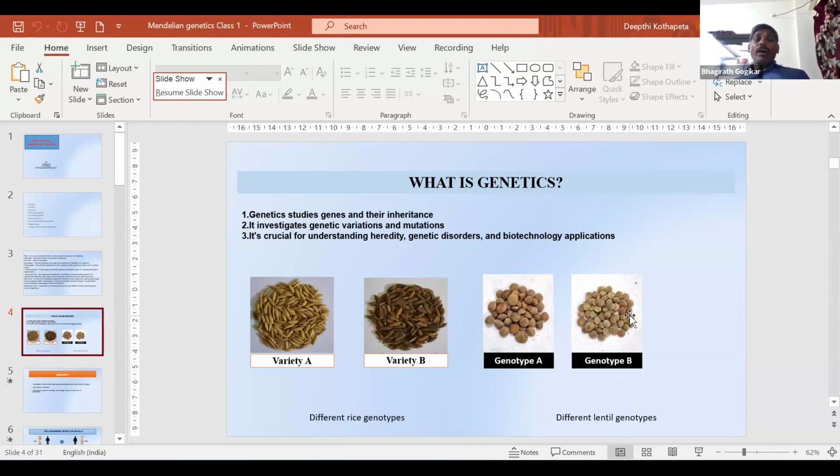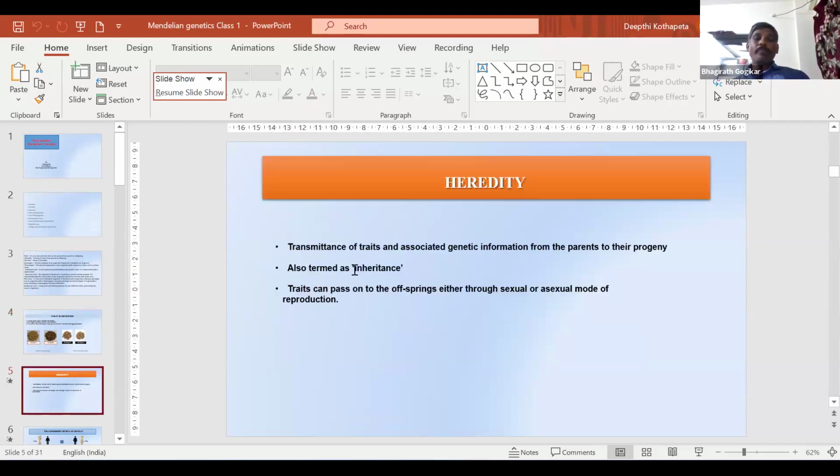How these different characters are contributed by the genes and transmitted to the offspring from parents, all these things are discussed in genetics. It investigates genetic variations and mutations, and it's crucial for understanding heredity, genetic disorders, and biotechnology applications also.